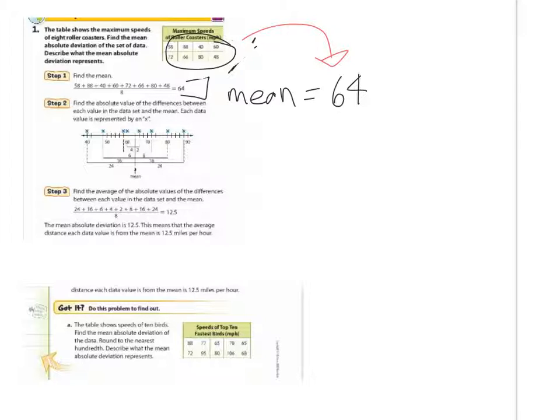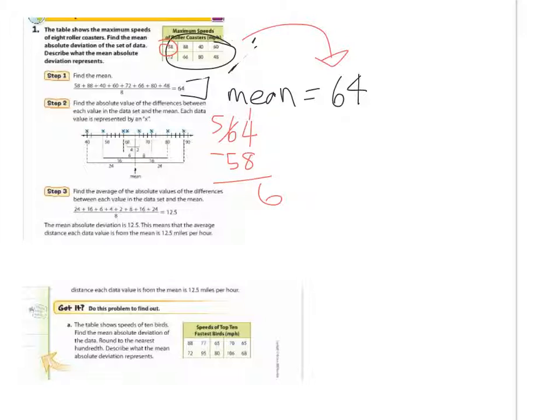You're going to take the first number and you're going to go 64, which is your mean. Take that first number there, subtract it by 58. You do all the math like you normally do. You get 6 for that number.